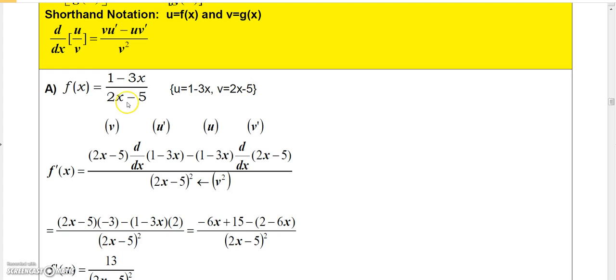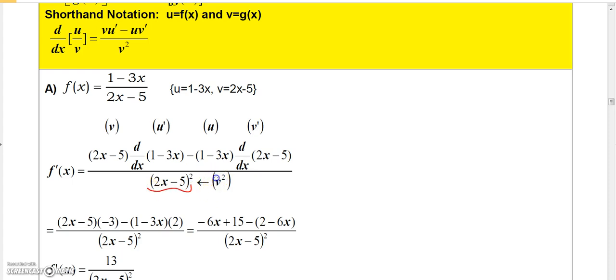So now I do v, the denominator, first, so I have 2x minus 5, and then I multiply by the derivative of u, so we have the derivative with respect to x of 1 minus 3x, and then minus the u function, which is the numerator, times the derivative of the v function, the derivative of the denominator, and then on the bottom you have v squared.